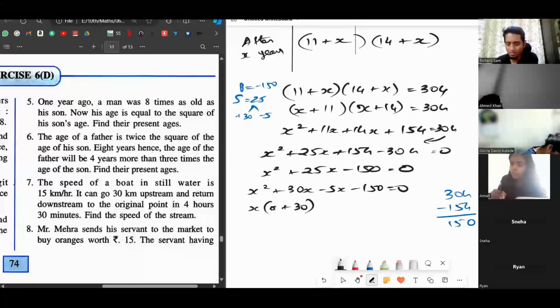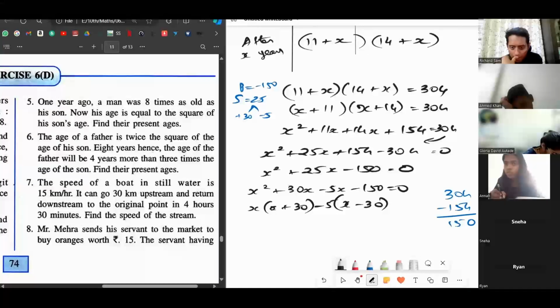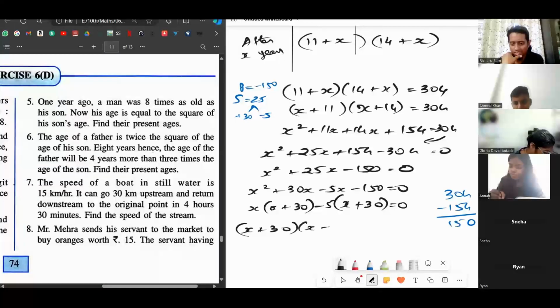And from the next, minus 5 is common, so x plus 30. So that's x plus 30 into x minus 5 is equal to 0. So x is equal to minus 30 or x is equal to 5.